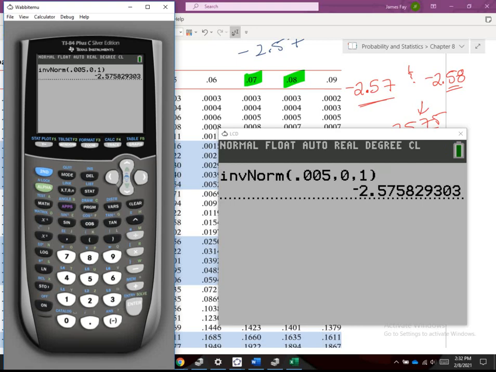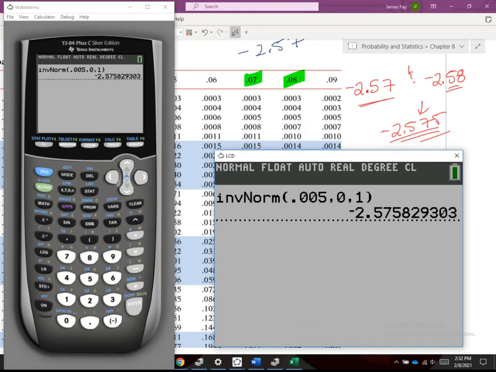Do you see how that number is not exactly this number here? Does that make sense?